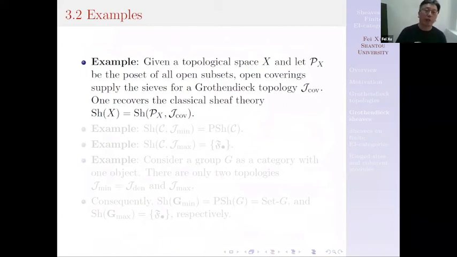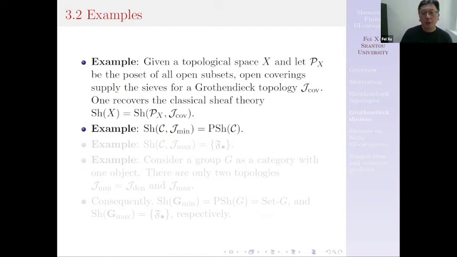If we go back to the classical sheaf theory, if you take a topological space and you take the category C to be the poset of all open subsets, then the sheaves are supplied by the so-called open coverings. And then you recover the classical sheaf theory.